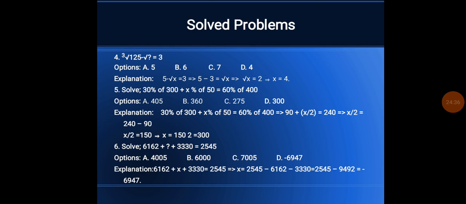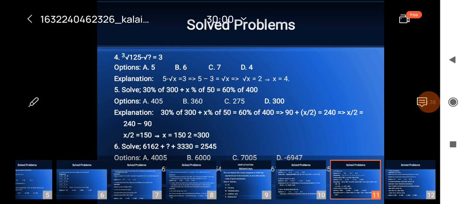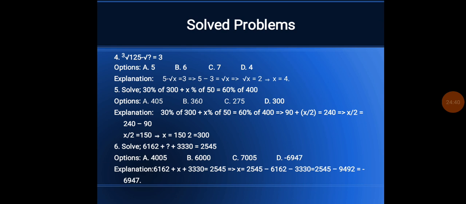The next sum is solve 6162 plus x plus 3330 equal to 2545. Okay, so we have to solve by the BODMAS rule. Here we have all additions in the operation.